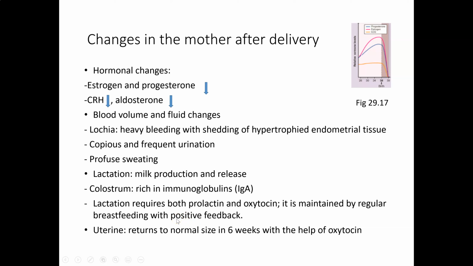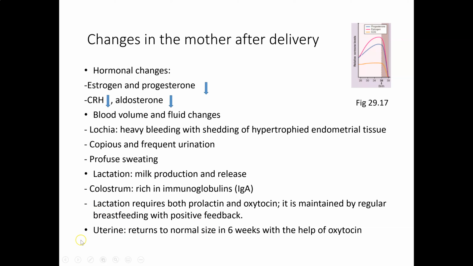And if some of the moms, for whatever reason, or sometimes the baby couldn't latch on, have a problem with regular breastfeeding, then the lactation feedback loop is going to be stopped, and the milk production wouldn't be able to be maintained. So again, breastfeeding is maintained by positive feedback. We're going to see that in the next diagram.